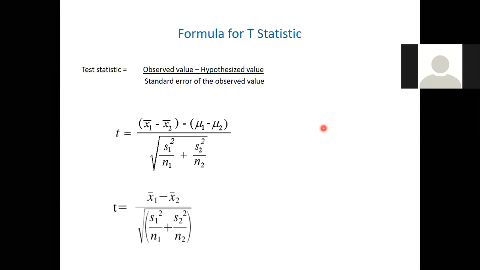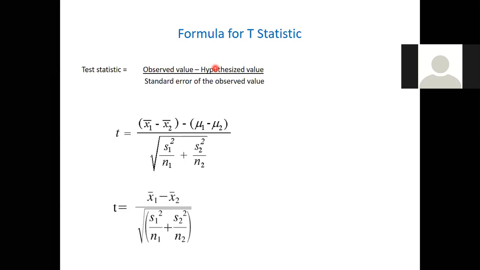Now, if there's no difference, the null hypothesis will be true, because the null hypothesis says there's no difference. But if there's a difference, at the end of the day the null hypothesis will be false.